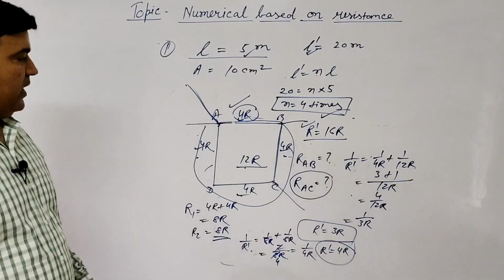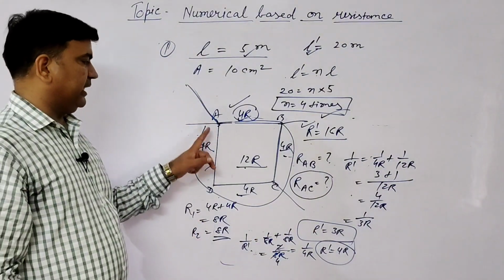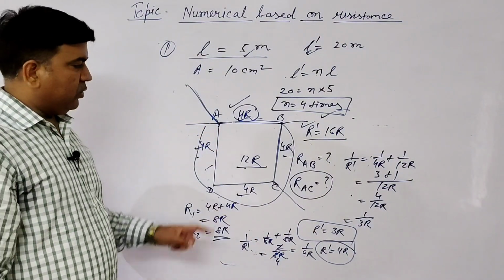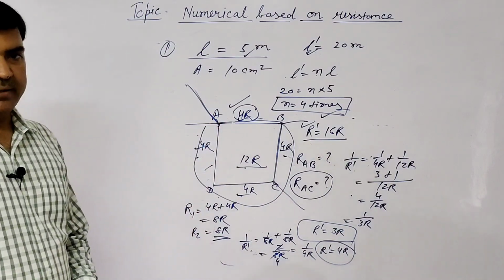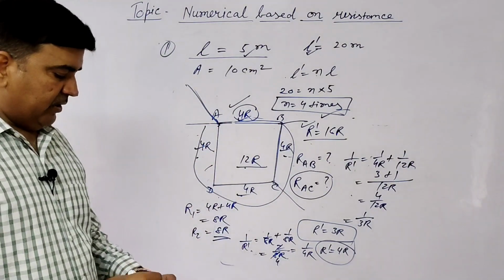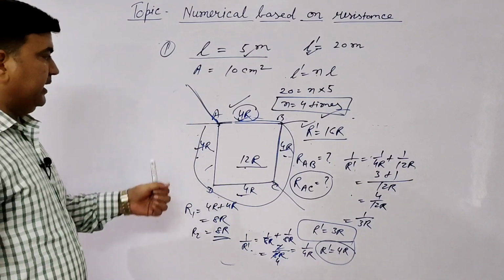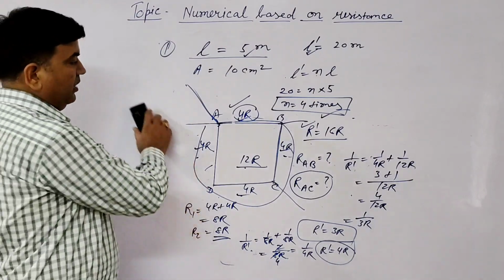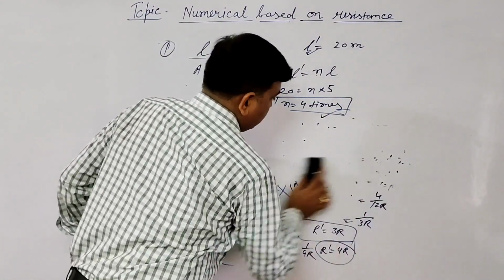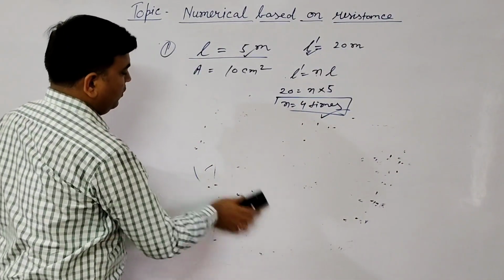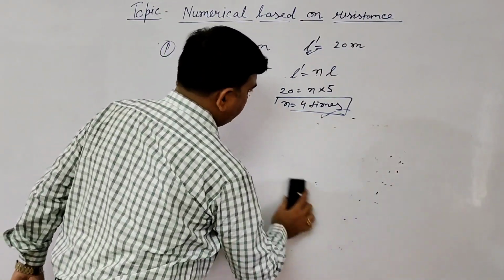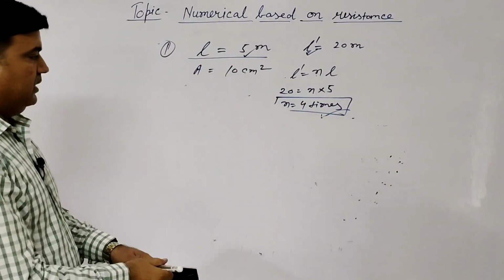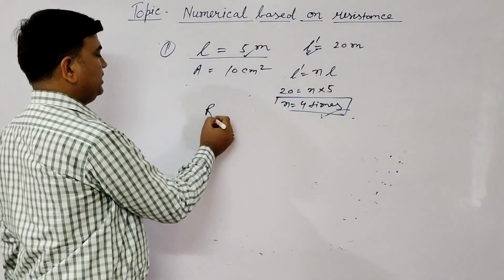So in this way we have to find the equivalent resistance across the diagonal and across any one side of the square. After that, you see another shape of the resistance. Suppose that after stretching the wire 4 times, the resistance becomes 16 times.